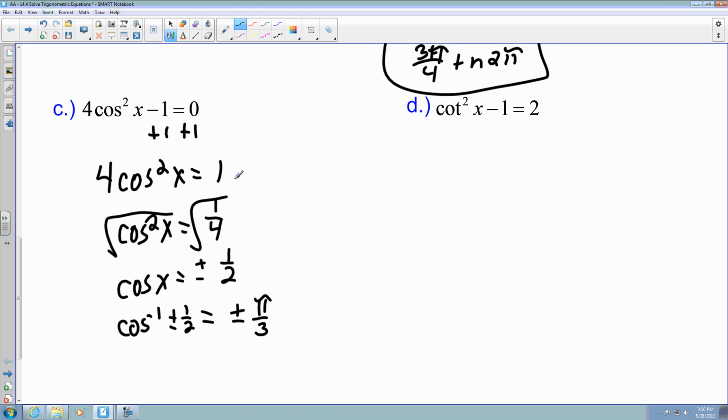Now what we have to do is, since we have both positive and negative values of cosine, I have to use the reference angles for all 4 of them. So I have to use the reference angle here, that's pi over 3. I have to use the reference angle here, that's pi over 3. I have to find the reference angle that's here, that's pi over 3. And then the last one, I have to find the reference angle from here, that's pi over 3. So all 4 of those points are going to give us a correct value for x.